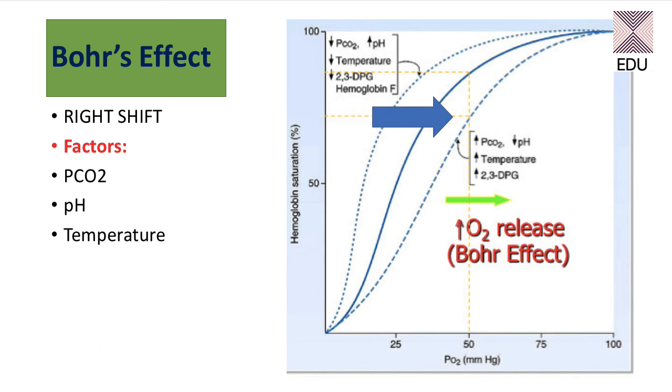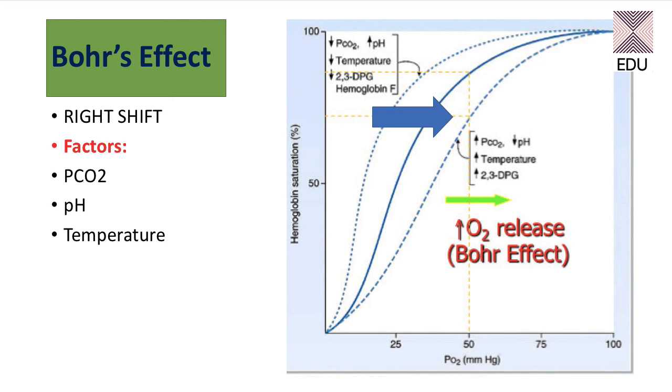And the third factor is the temperature. If temperature is increased, as it is at the tissue level, the line tends to move towards the right. So these are the main three factors which are affecting the oxygen dissociation curve.